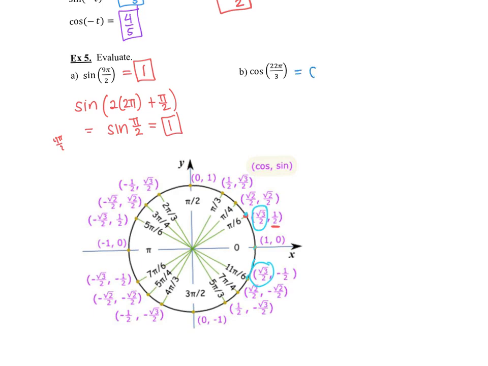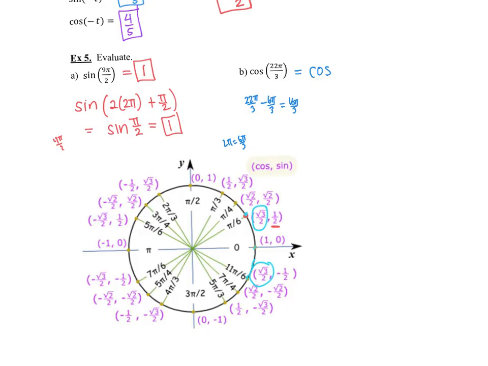Okay, now 22 pi over 3 is way too much for the unit circle. Let me consider this. Okay, 22 pi over 3. 2 pi, what is 2 pi? 2 pi is the same as 6 pi over 3. Okay, so one way I could do this, I could take off 6 pi over 3 till I get a low enough number. And I could do this in my head. This takes me down to 16 pi over 3.